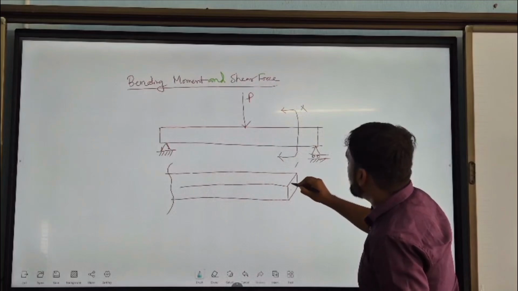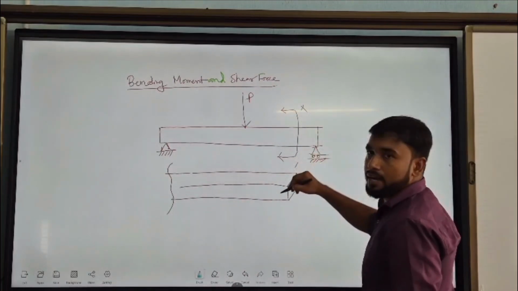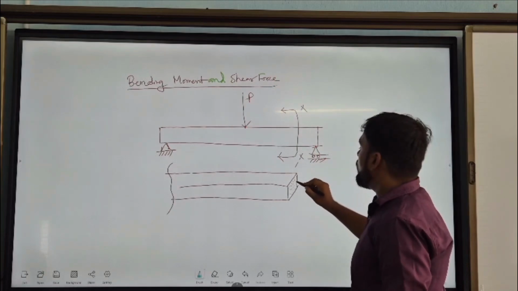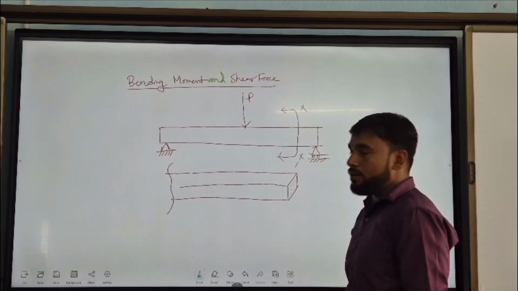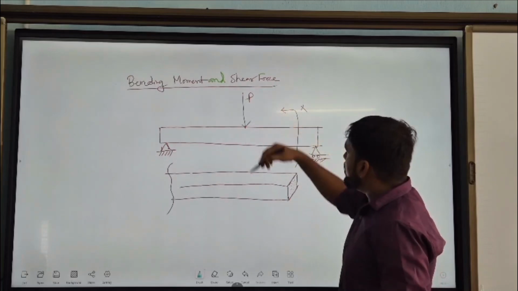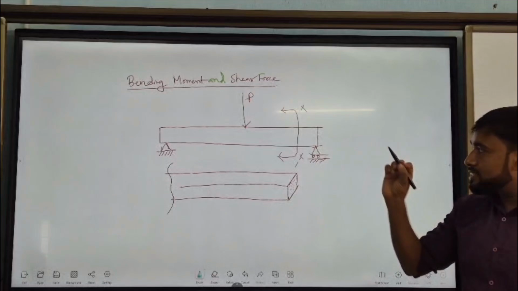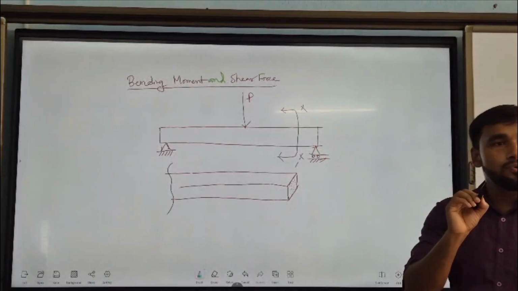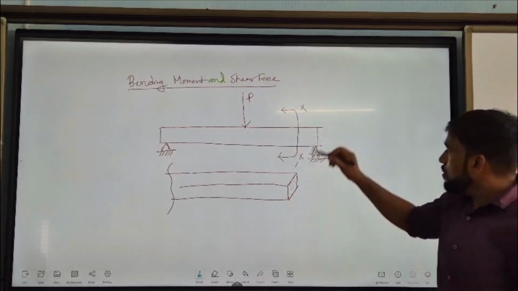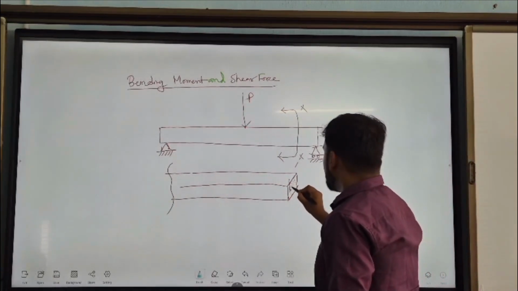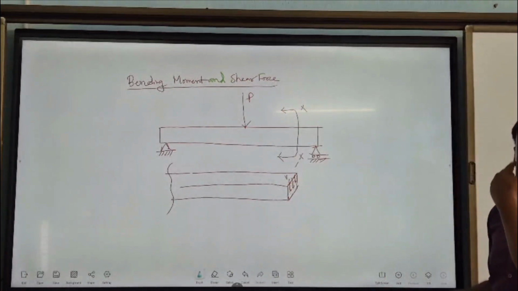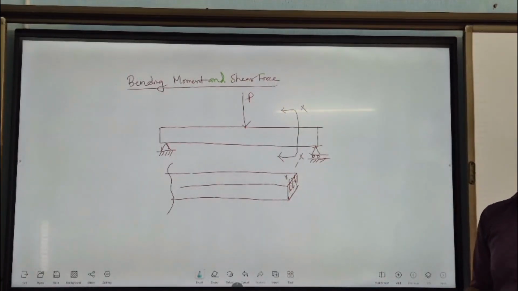This is nothing but the cross section. If you cut here, this is the cross section of the beam, rectangular in shape. Due to this external load E, two types of forces will come as an internal resistance. One is your shear force, and there will be a normal force, normal stress.